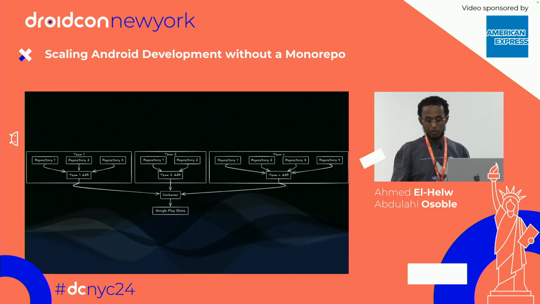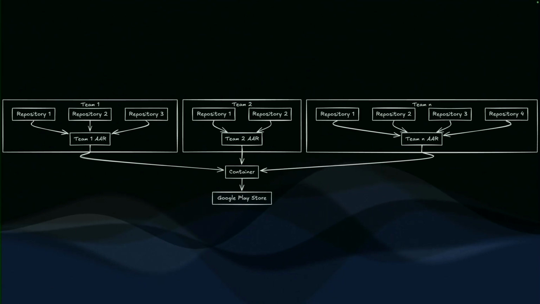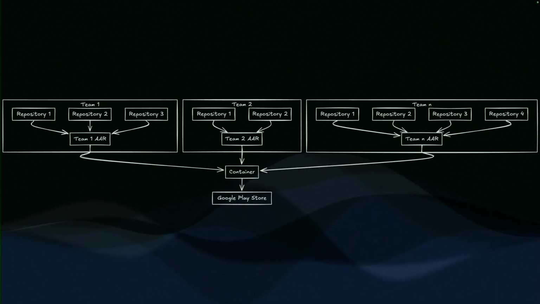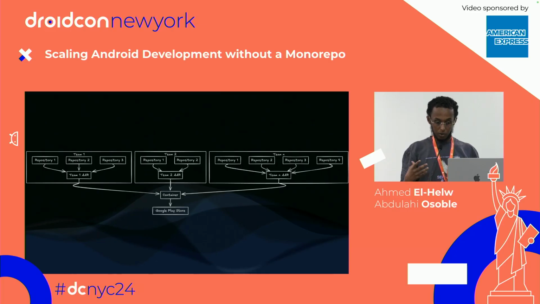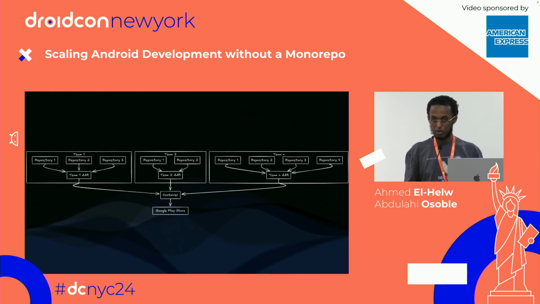So if we look at it from a high level, we had multiple features being contributed to n number of repos being shipped into the app. And to us, that was the container, right? So all of these repos would ship into the container, and then we would build this container and ship that into the Play Store. But what is a container?